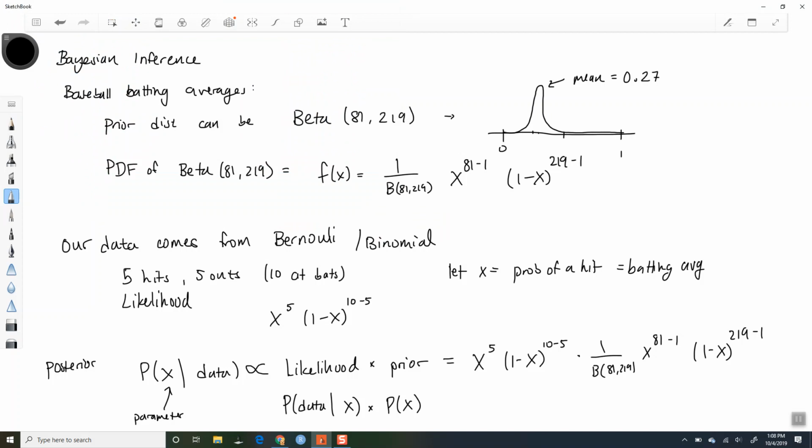Okay. And so when we have this likelihood and we multiply it by this prior distribution, the results combine nicely. So we have x to the 5th, 1 minus x to the 10 minus 5, which is 5, and then the constant 1 over B(81, 219), and x to the 81 minus 1, 1 minus x to the 219 minus 1.